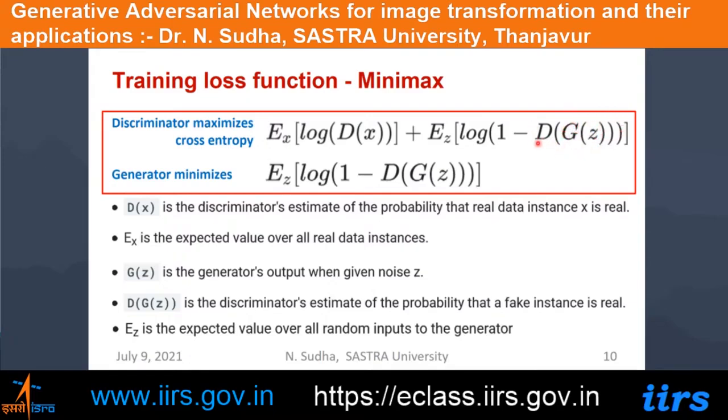And D of G of z is the probability that the fake instance is real. So this is related to the generator's output. This is related to the actual data set input. And E_z is again the expected value over all random inputs to the generator.